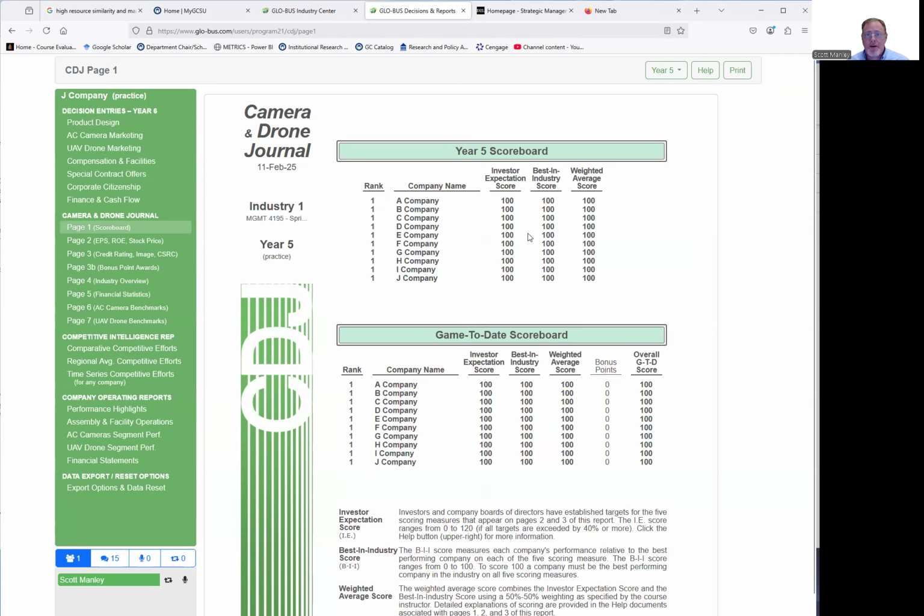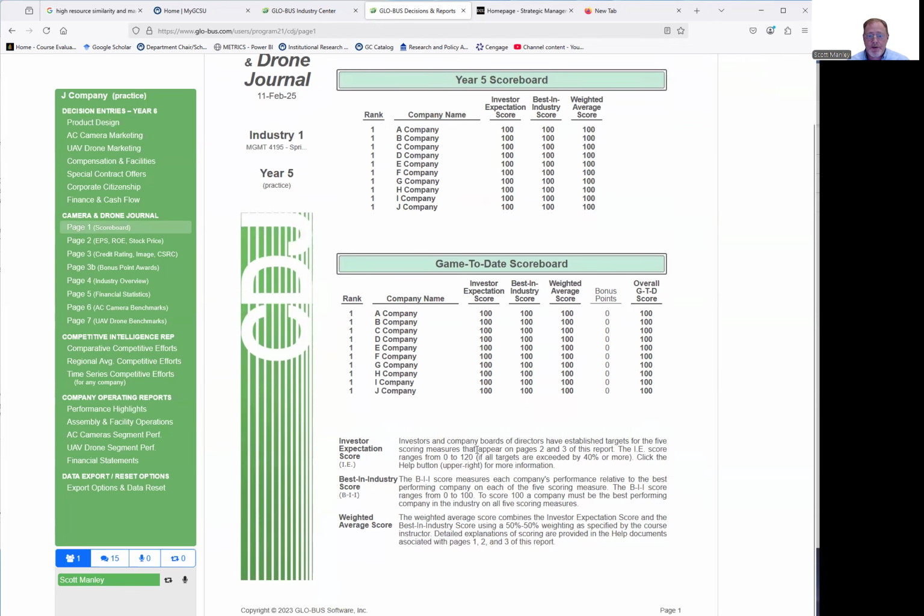So the scoreboard gives you your game to date, and then it gives you your current year scoreboard. The current year is up top. Game to date is here. There's 2 components to each of your scores. There's investors' expectations, and then there's best in industry. And they do a weighted average for those. They combine those.